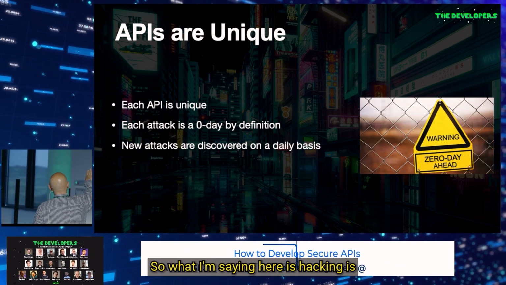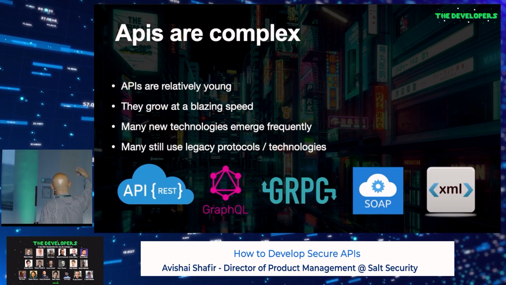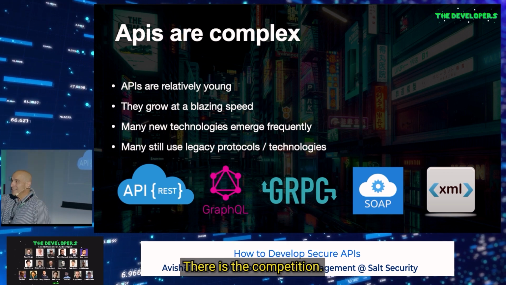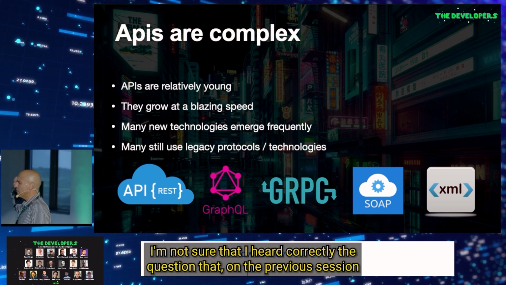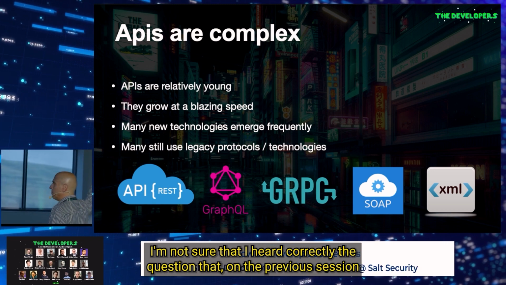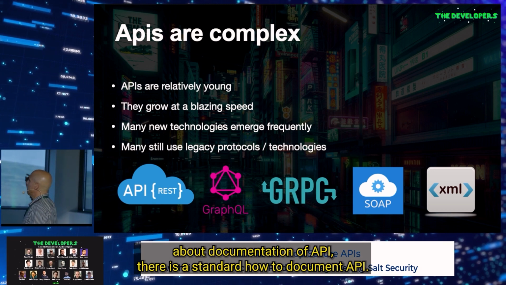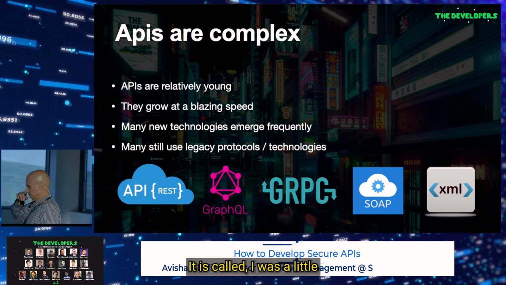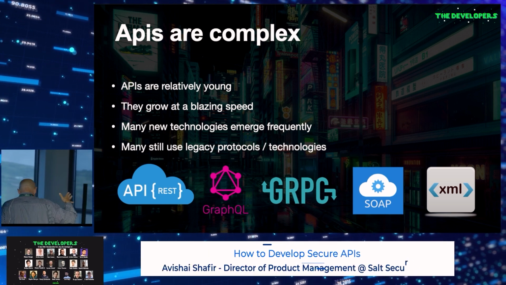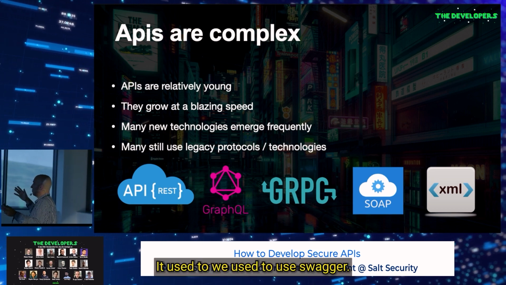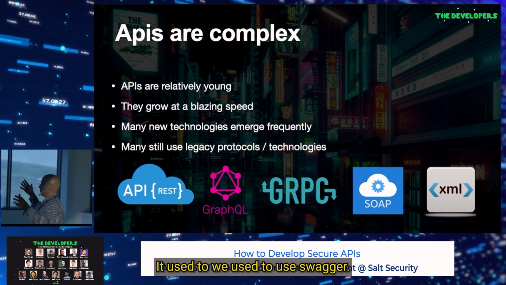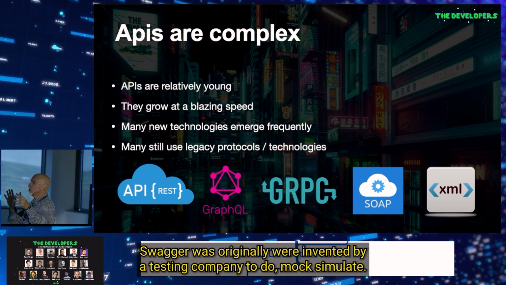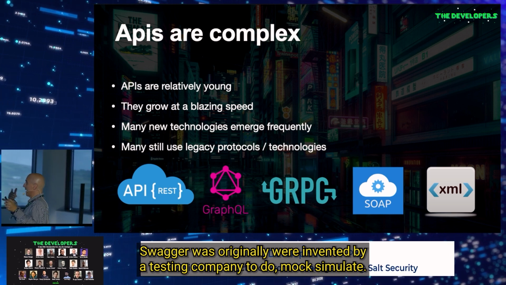So what I'm saying here is hacking is a challenge. There are different types of APIs. There are different kinds of documentation. I'm not sure that I heard correctly the question in the previous session about documentation of APIs. There is a standard for how to document APIs. In the past, we used to use Swagger. Swagger was originally invented by a testing company to do mock simulation, okay?